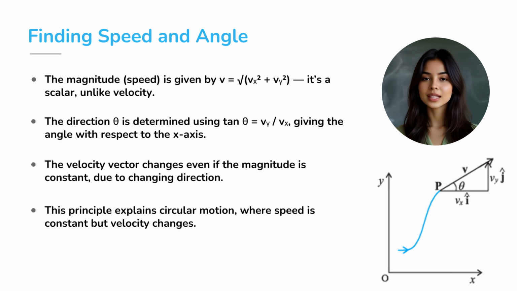This gives us the angle the vector makes with the x-axis. Now, even if the magnitude of velocity, or the speed, stays the same, the velocity vector can still change. That's because direction can change. This concept is key in circular motion. In such cases, speed remains constant, but the velocity keeps changing due to continuous redirection of the motion.